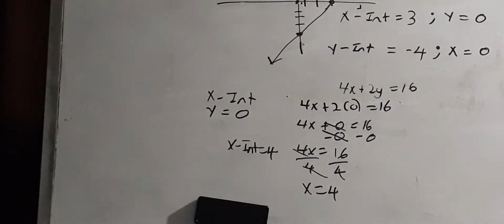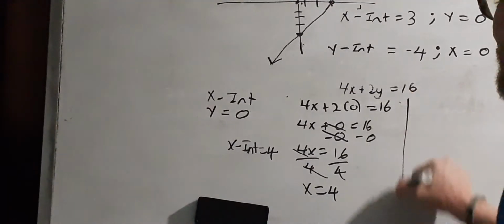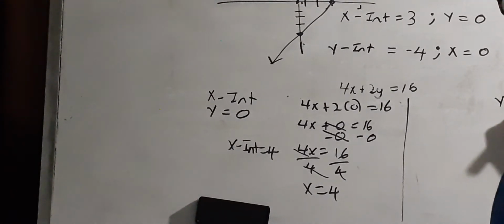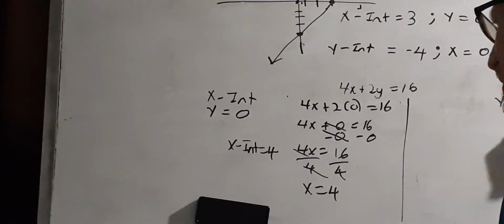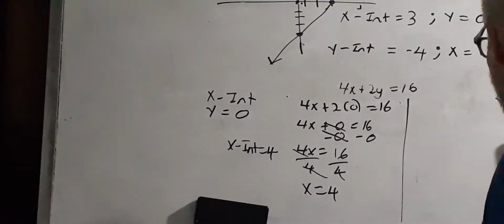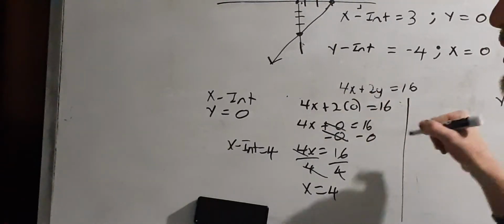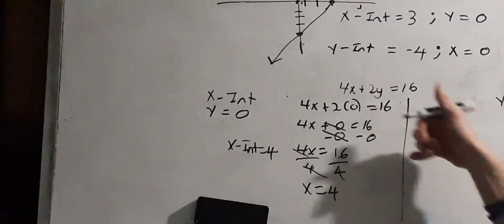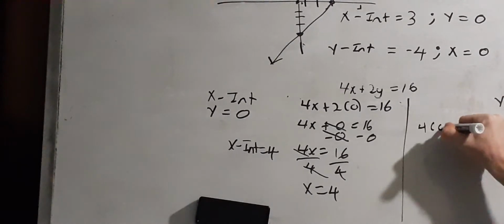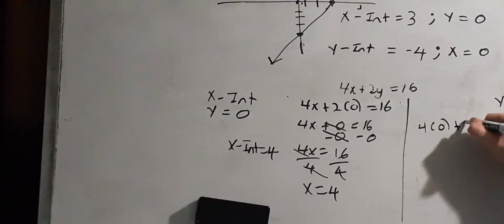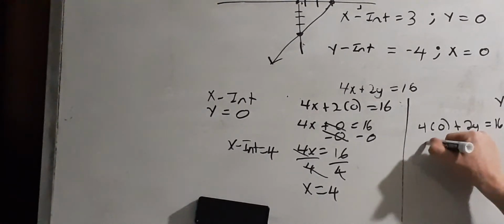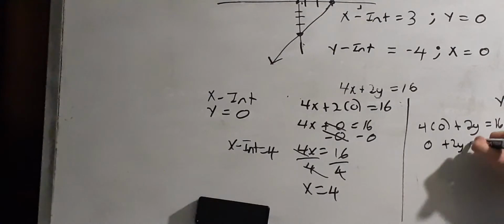Now if I want to look for my y-intercept, remember that x equals 0. So I'm going to rewrite the equation. But instead of writing 4x, now I write 4 times 0. So I'm going to say 4 times 0 plus 2y equals 16. 4 times 0 is 0 plus 2y equals 16.